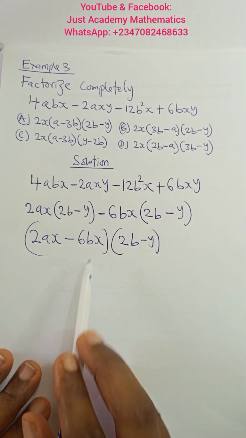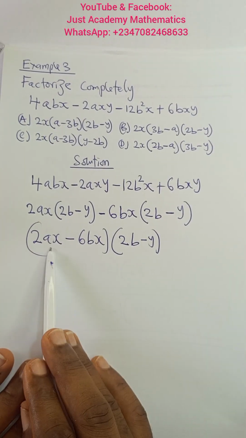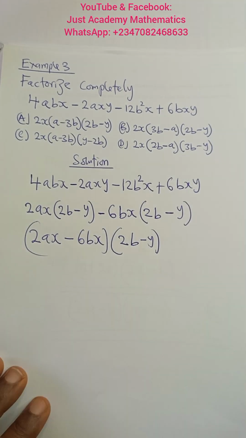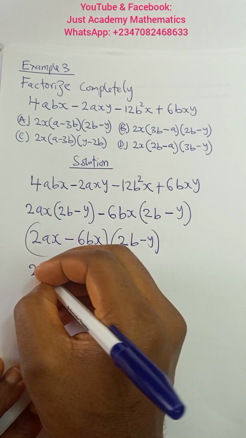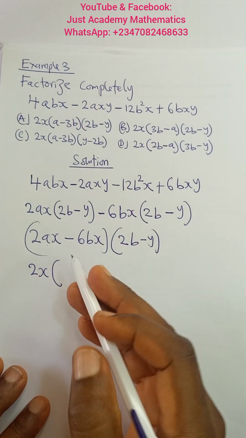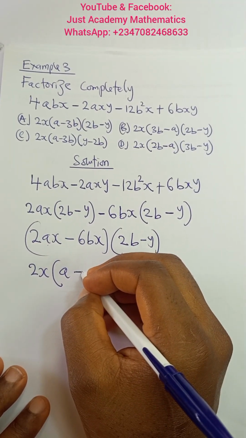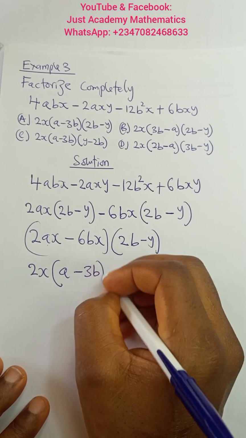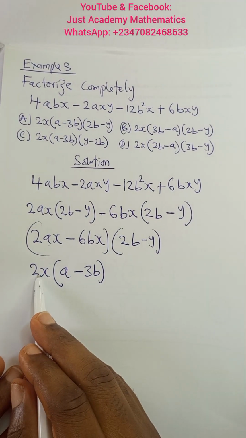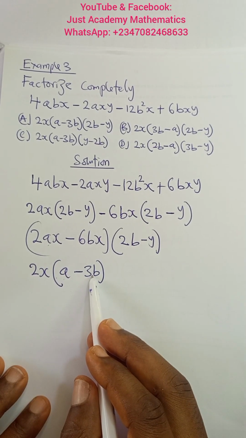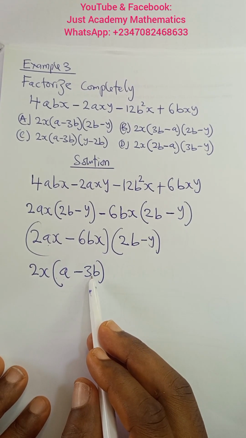If you bring out this common bracket, what will remain is this and this. Look at them here. If you consider these two, notice that something is still common. And what is it? 2x. So if I bring 2x outside, what will remain here? It will remain just a minus what? 3b. Because 2x times a will give you 2ax, and 2x times minus 3b will give you minus 6bx.